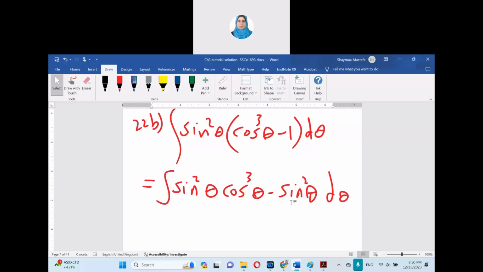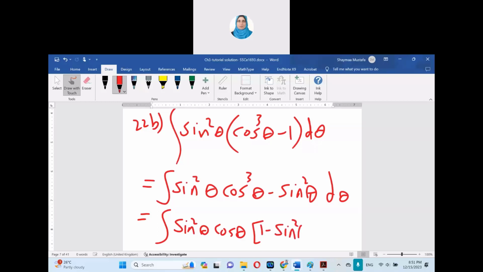Now for cos cube, I will make it cos theta times cos square. So here sine square theta is the same. Cos square will become 1 minus sine square, minus sine square theta.